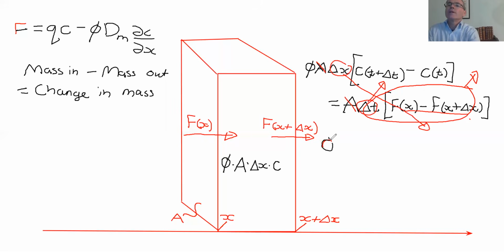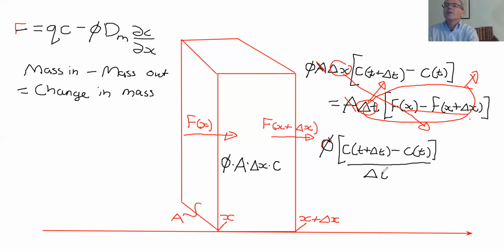Okay, so this is the porosity. Okay, I've got this C term. So let's do that. I've got my C of T plus delta T minus C of T, and that's all divided now by delta T. Now this term I move to the other side, so the signs are going to flip.